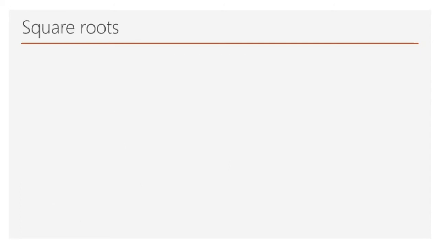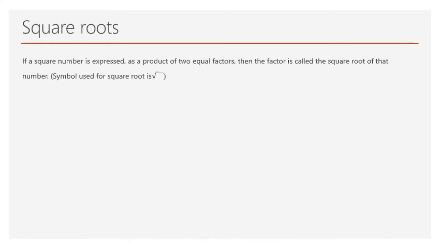We will discuss square roots. If a square number is expressed as a product of two equal factors, then one factor is the square root of that number. This is represented by the square root symbol. 3 square is equal to 9, therefore root 9 is equal to 3. 4 square is equal to 16, therefore root 16 is equal to 4.